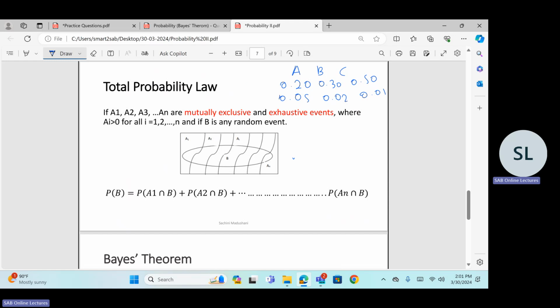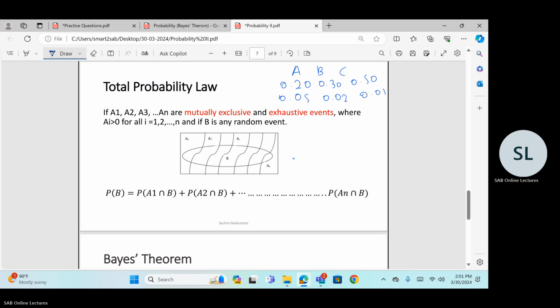It's a Venn diagram. This circle shows the common event B. We need to get the probability of this common event. We call that the total probability law. The other way, we can use a tree diagram to answer questions about the total probability law.